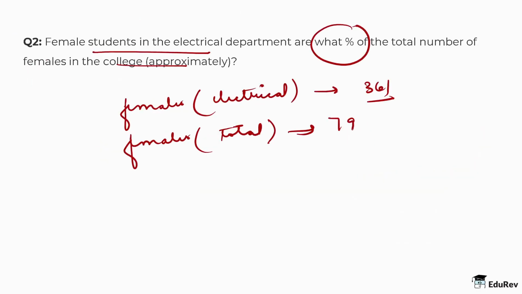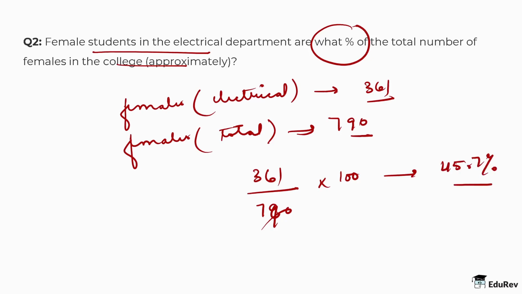So the percent is 361 over 790 into 100, because we need to find the percent. This will be 45.7%. So the females in the electrical department are 45.7% of the total females present in the college.